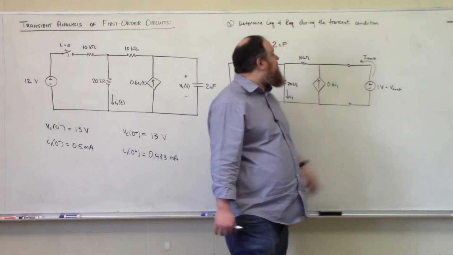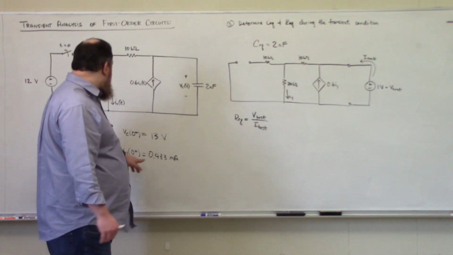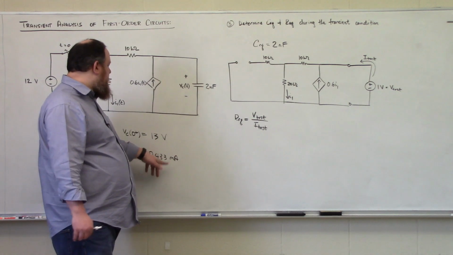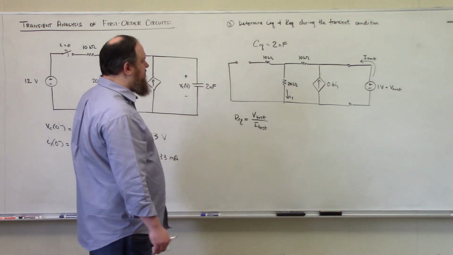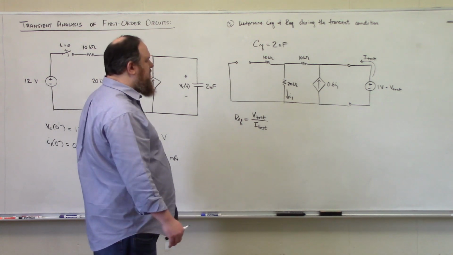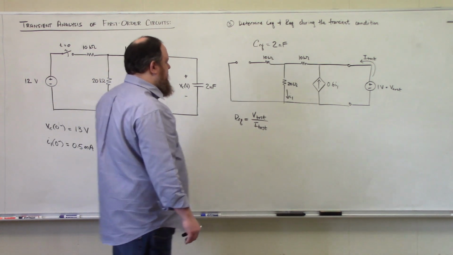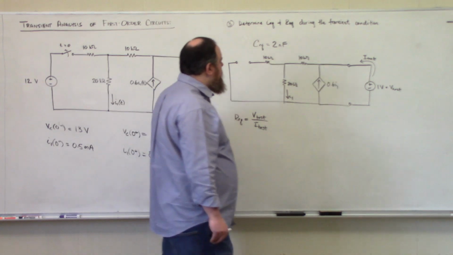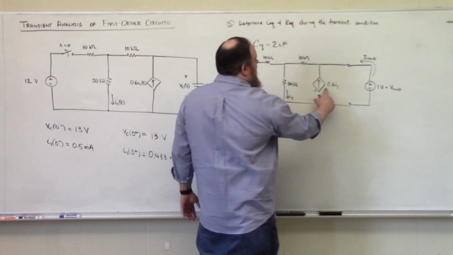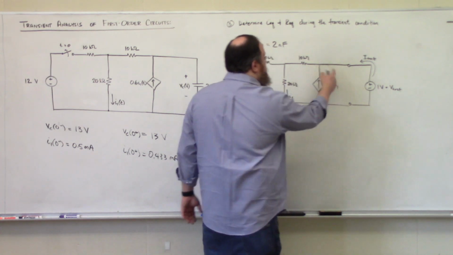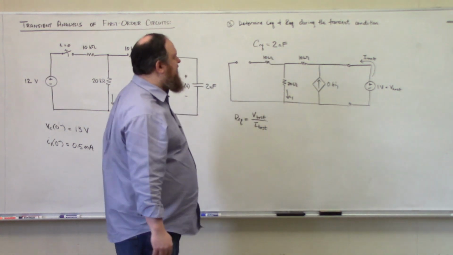So if 13 volts gave me a current I1 of 0.433 milliamps, then 1 volt should give me 1/13 of this. But I'm just going to use Ohm's law to figure it out because it's effectively the same thing. So if I know this current I1, then I know this current as well, and I can just do Kirchhoff's current law at that node to find I test.